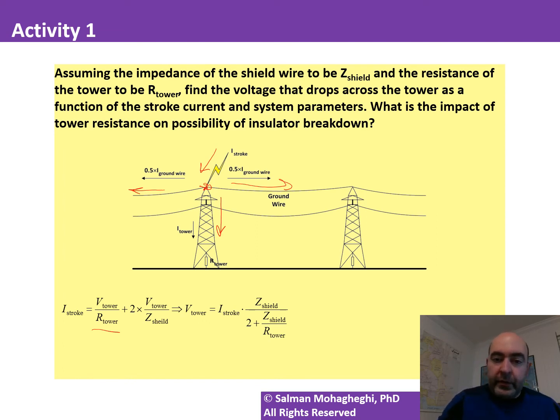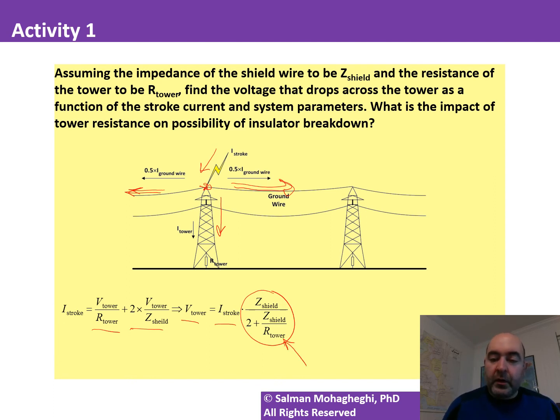So this portion plus this portion will be 2 times V of tower divided by Z of shield. And if I rewrite that equation, basically write V of tower as a function of lightning current, V of tower will be I of stroke times this portion, Z of shield divided by 2 plus Z of shield divided by R of tower.